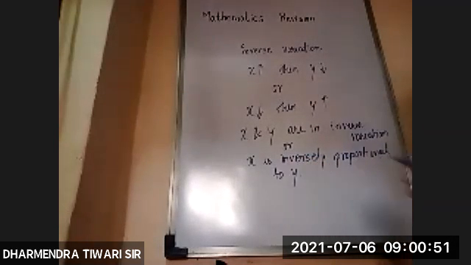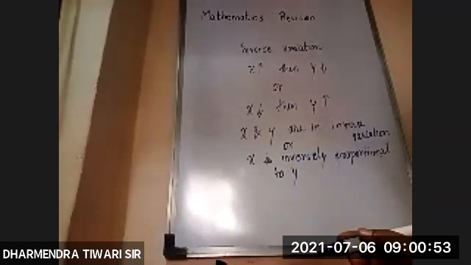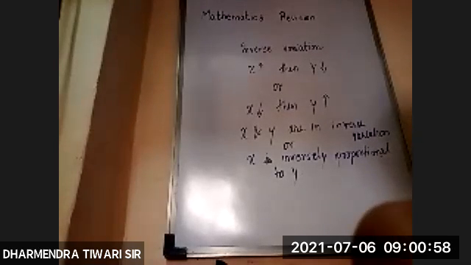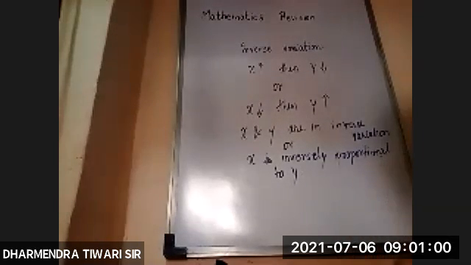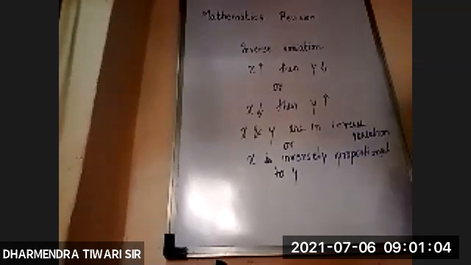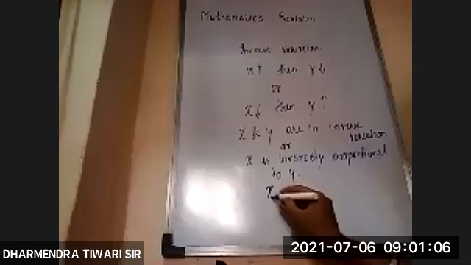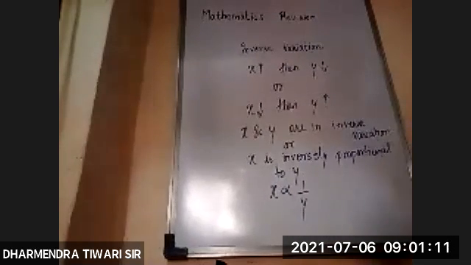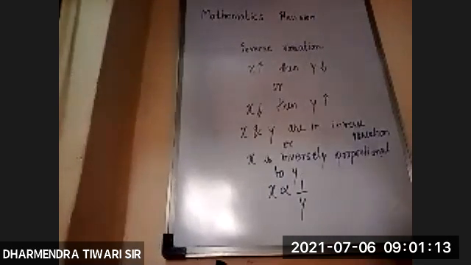So in this case, the notation for this is x alpha 1 upon y. Inverse means upon form.